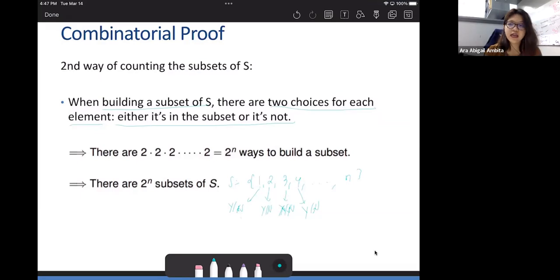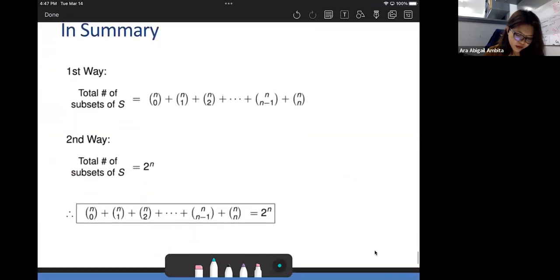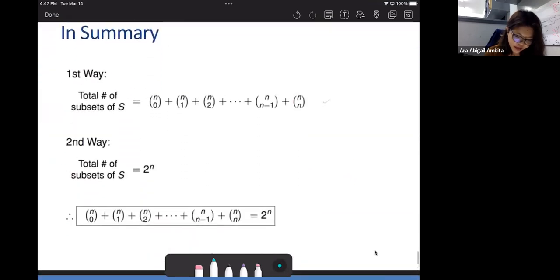So we can then say that there are 2 raised to n ways to build a subset. And so we have the first way and the second way, and then we can prove that they are equivalent.